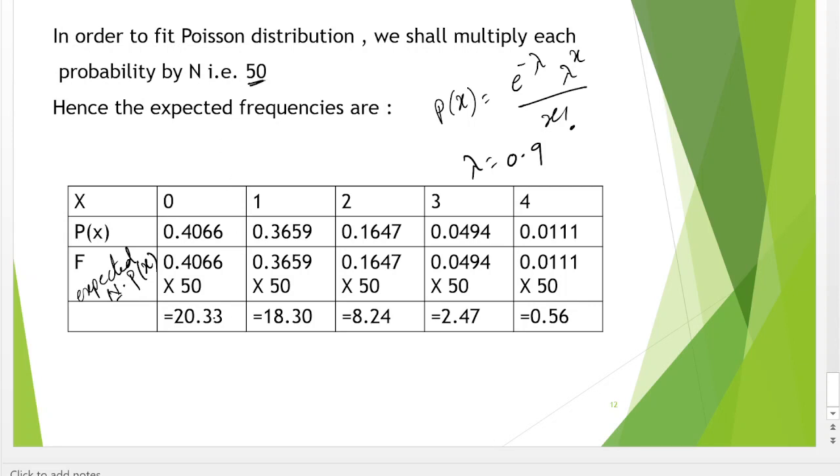So multiply each probability with n. These are the frequencies we get. Then take the approximate values for these frequencies, so that the total should be equal to 50.